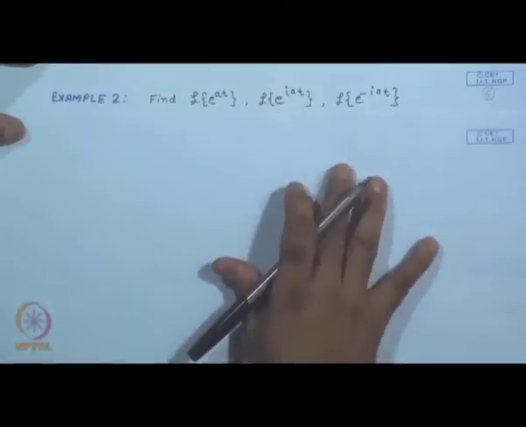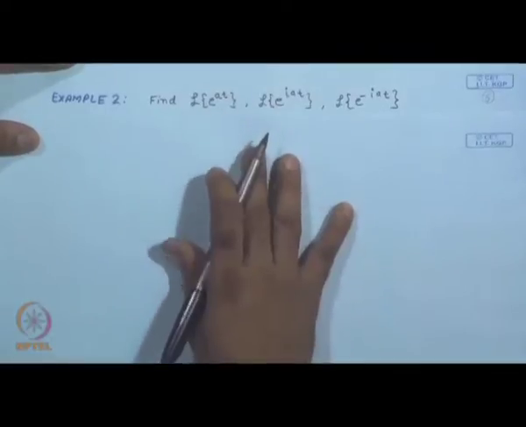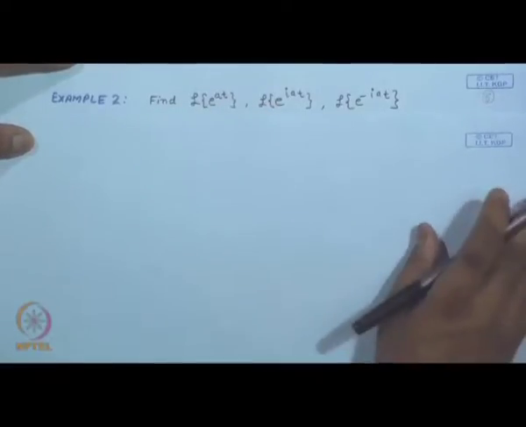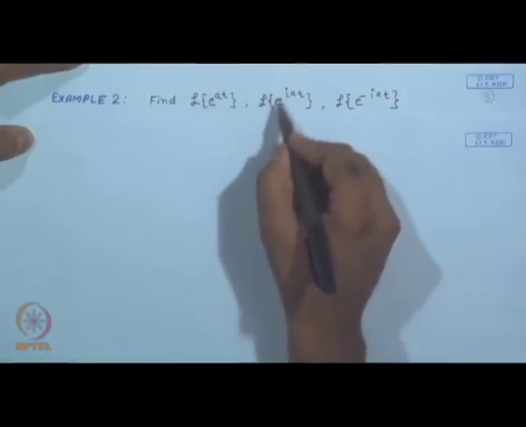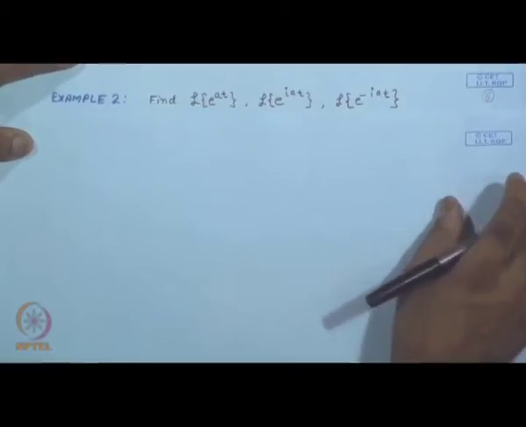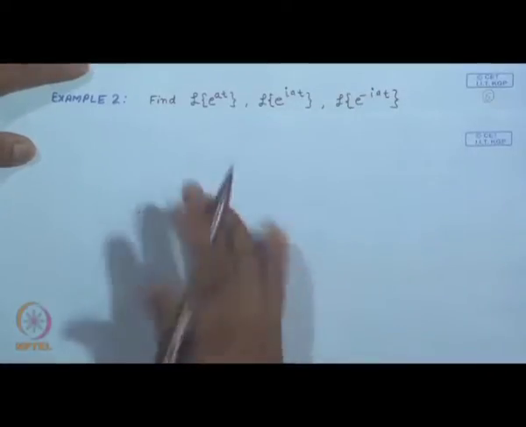So, let us take another example, and that is also very important. This is the Laplace transform of e^(at), or very similarly we can get the Laplace transform of e^(iat) and e^(-iat).